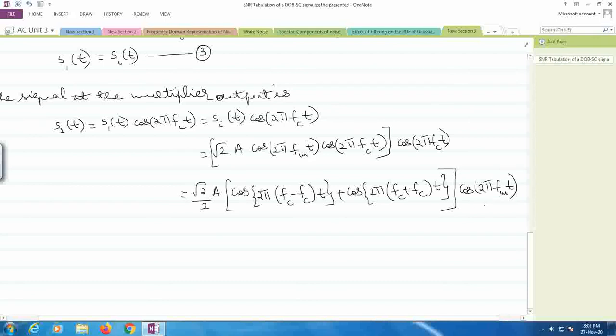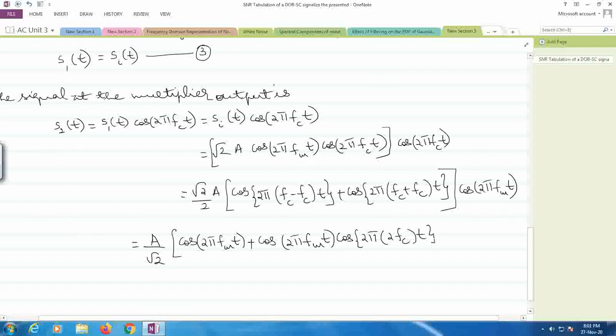Simply made use of the formula twice cos A cos B. So over here I am going to get 1 by root 2 times A into cos 2πfmt plus cos 2πfmt into cos of 2π into 2fc times t.